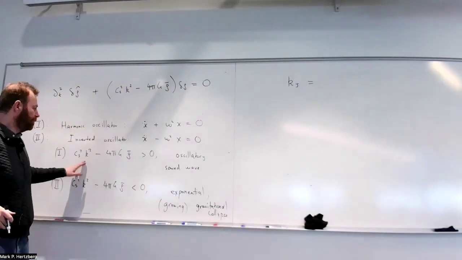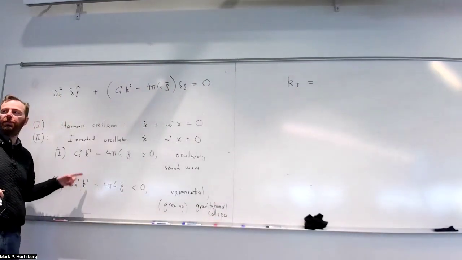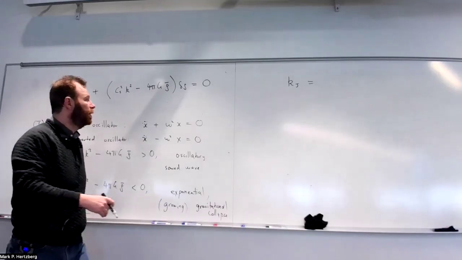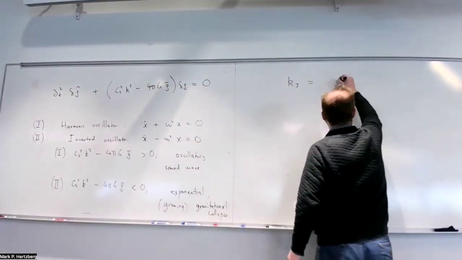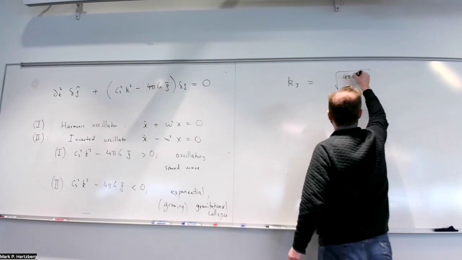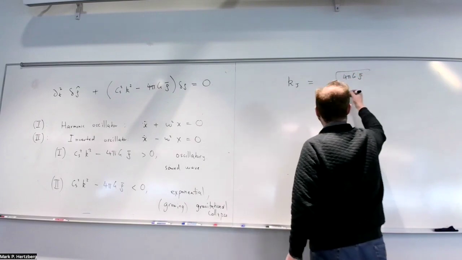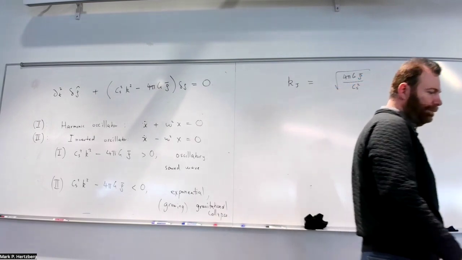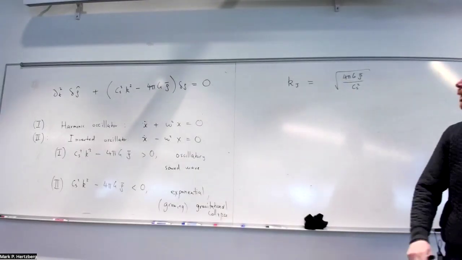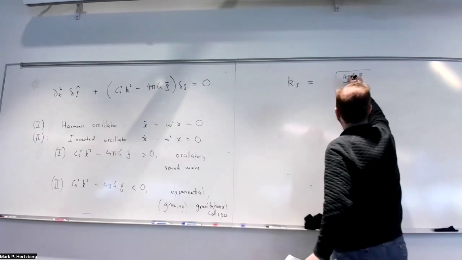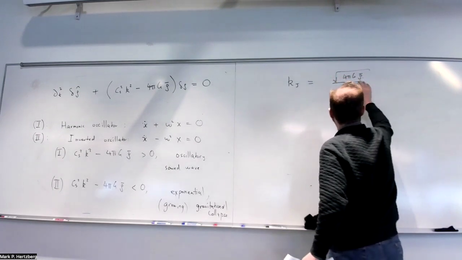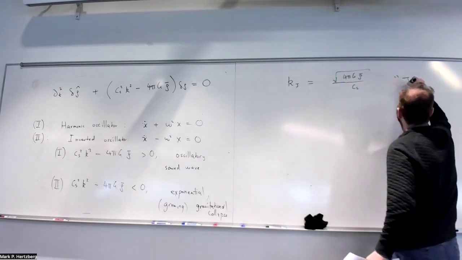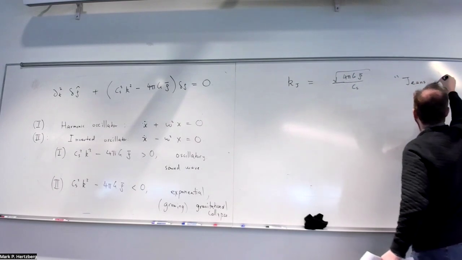Let's define a special wave number, which is the boundary between these two cases. That is the square root of this. I guess I don't need the cs in the square root. And this thing is called the Jeans wave number.